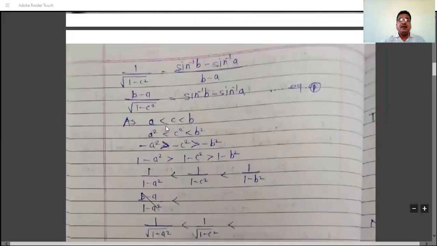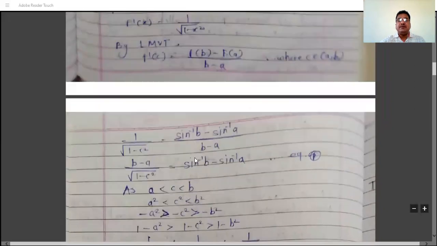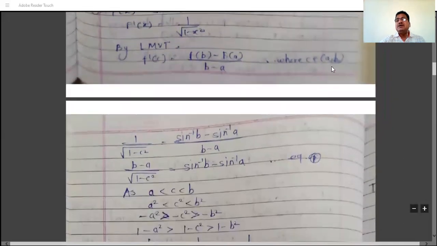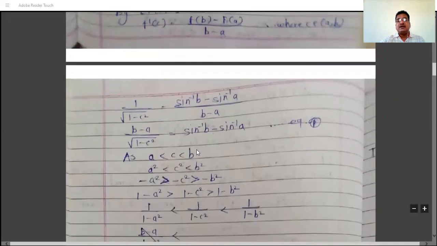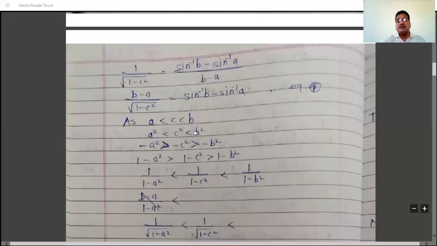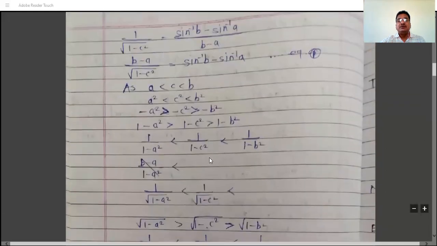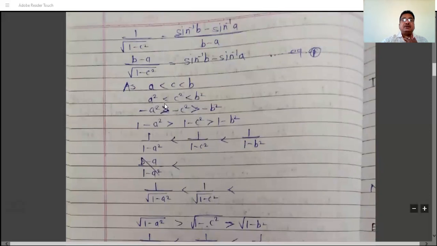As a is strictly less than c, strictly less than b, because c belongs to the open interval (a, b), means what? c lies between a and b. Then a square is strictly less than c square, which is less than b square, because a, b are greater than 1, means all positive quantities, and therefore their squares have the same relation.